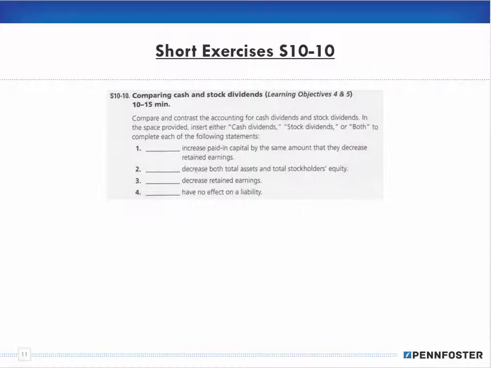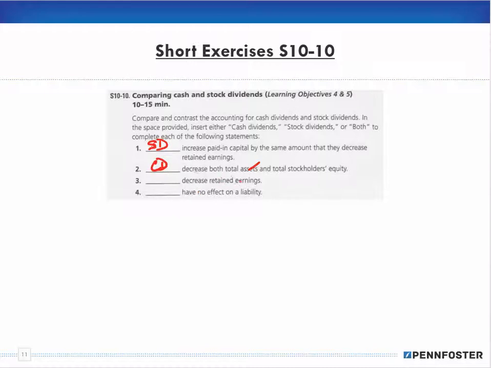We're not affecting cash at all, so this would be a stock dividend. Right, so number 2, decrease both total assets and total stockholders' equity. Okay, if we're affecting our assets, then it has to be a cash dividend because we affect cash, right?